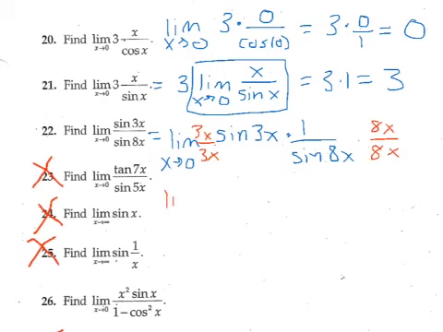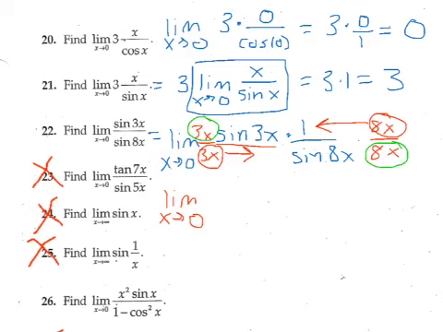This will give me the limit as x approaches 0, and I can take this 3x and slide it right underneath sine 3x, and I can take the 8x and put it on top, and then I can take my extra 3x and put it over the extra 8x as a separate term.